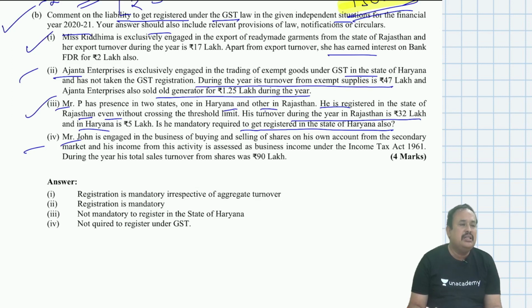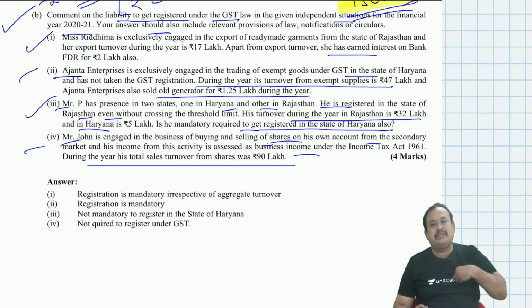Mr. John is engaged in the business of buying and selling of shares on his own account from the secondary market, and his income from this activity is assessed as business income under the Income Tax Act 1961. During the year, his total turnover from shares was 90 lakh. 4 marks, if you know the provisions. Registration required or not required.